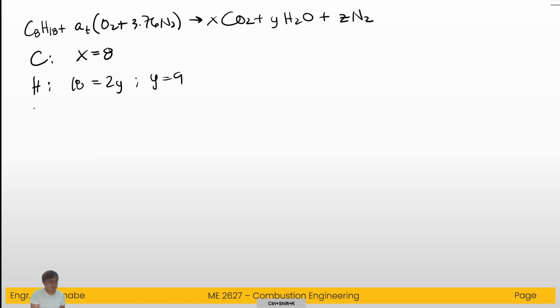And then you have the oxygen. You have A sub T times 2 equal to 2x, so 2 times 8, and then plus, you have only one molecule, so 9. And then to find AT, I think this is 8 plus 4.5. So this will be 12.5. Check this.